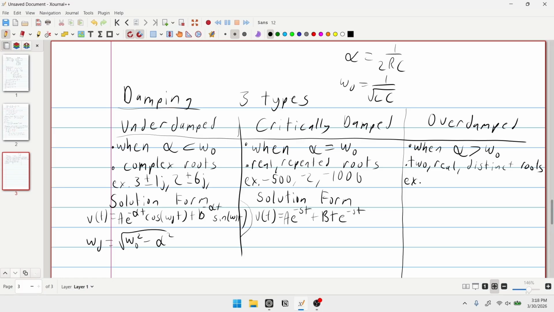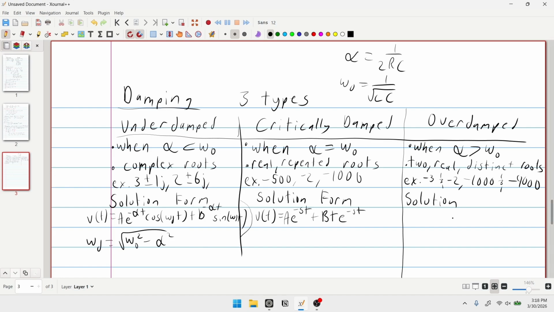Some examples would be like negative 3 and negative 2, negative 1000, and negative 4000, something along those lines. Again, you'll typically see on the orders of like 10 to the power 3 or 4. I'm just throwing some numbers out there. Right, so this should take the solution form.